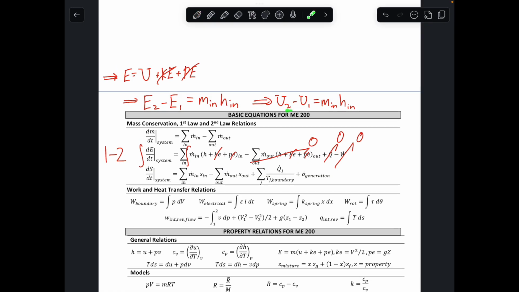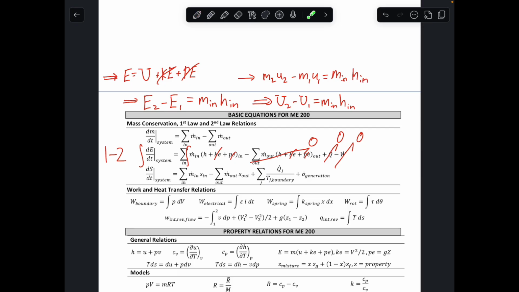And for these U terms, remember the capital U term is really a mass value times the specific internal energy. So we can also just write this as m2 u2 minus m1 u1 is equal to m in h in. And so this is our final form of first law.